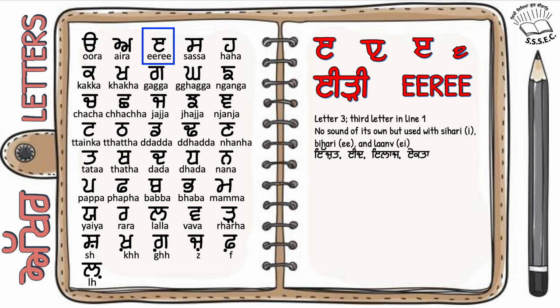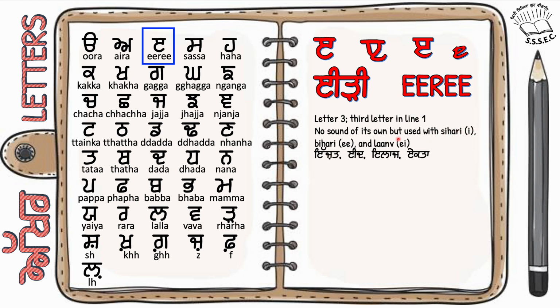Letter number 3 is iri. So Gurmukhi da tija akhar hai iri. Similar to the letter ura, iri has no sound of its own, but it's used with these 3 vowel symbols or matra.